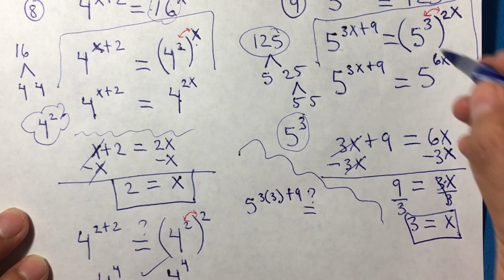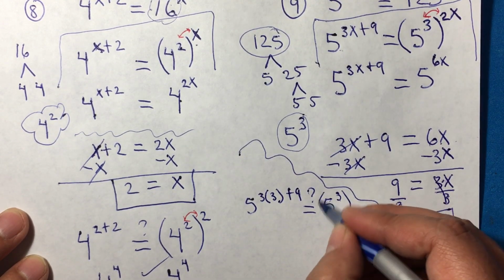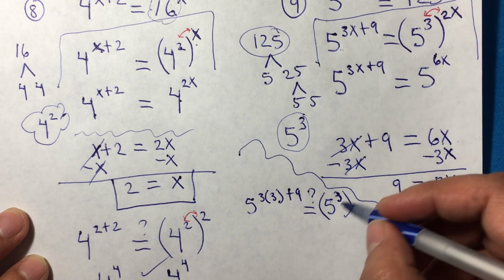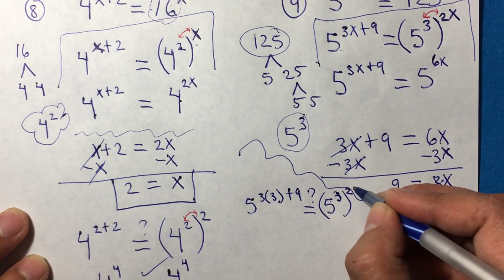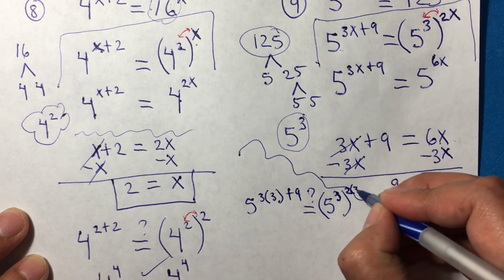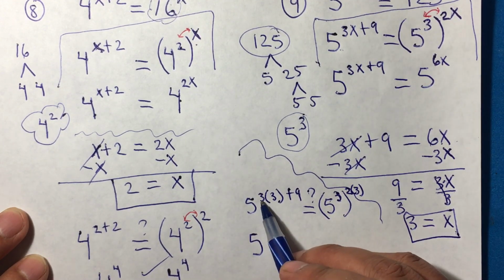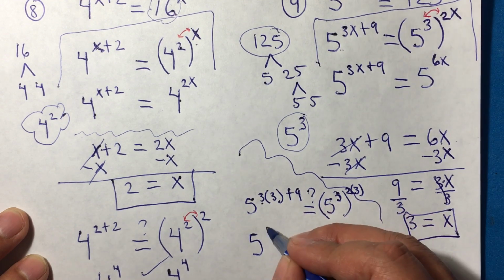Is it equal to 5 to the third power, or 5 cubed to the 2 times x, but we know that x is 3. Now in here is 5. 3 times 3 is 9, and 9 plus 9 is 18.